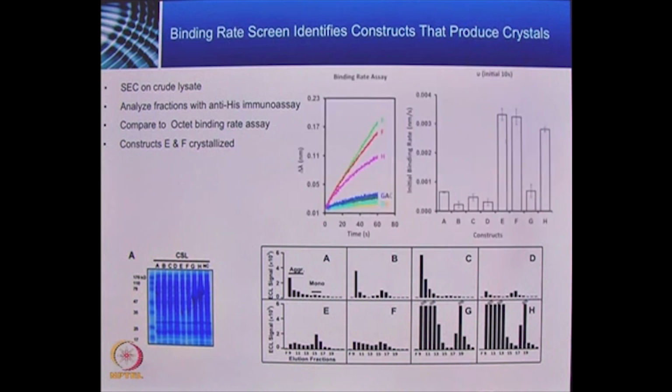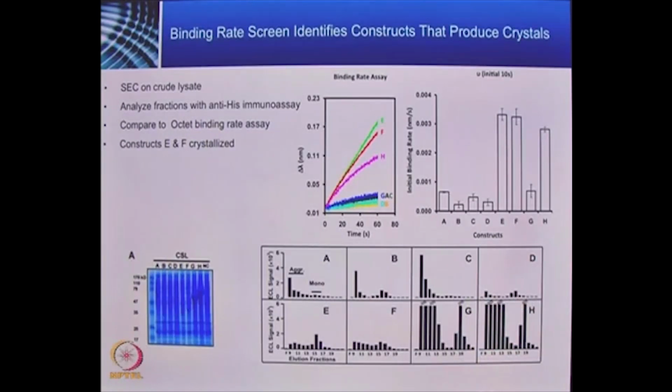As a second step of the study, the researchers then express the different constructs in the E. coli and use the BLI technology to analyze the binding of the expressed protein to the biosensors with anti-his antibody immobilized on it.